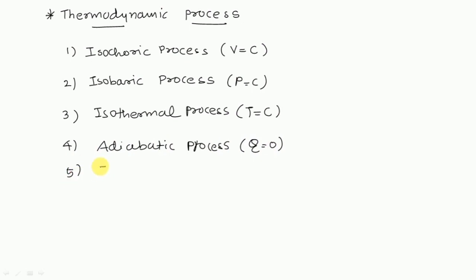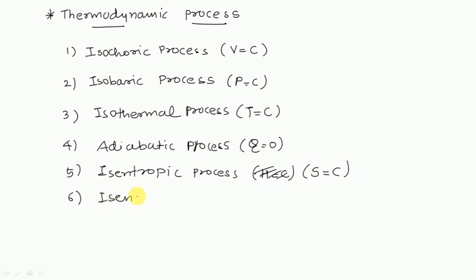Then the isentropic process, in which entropy S is constant. Sorry, not enthalpy, here entropy is constant. Isentropic, so S is constant. Sixth one is the isenthalpic process, in which the value of enthalpy H is constant. And then the polytropic process.